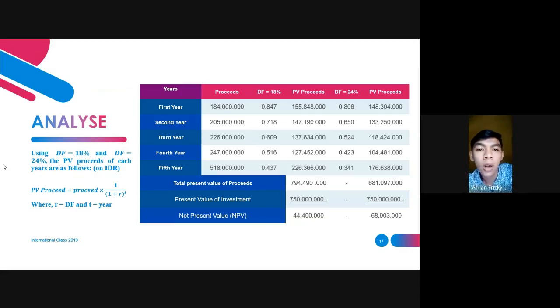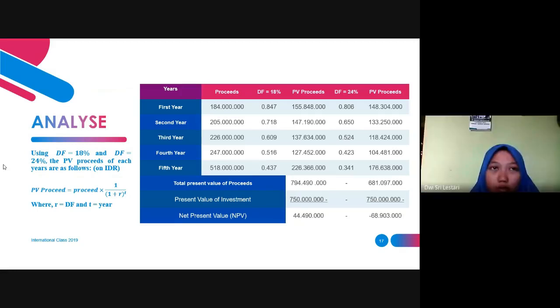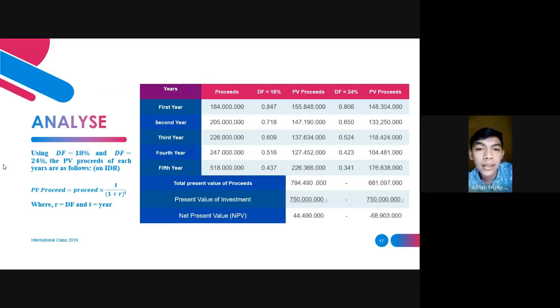The next is the analysis using the IRR method. Using a discount factor of 24%, the PV proceeds of each year use the formula: PV proceed is equal to proceeds times 1 over (1 plus R) powered by T, where R is the discount factor and T is the years.